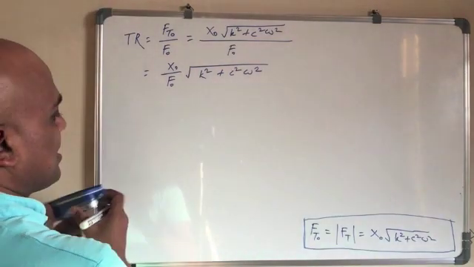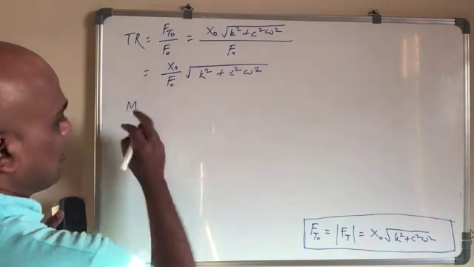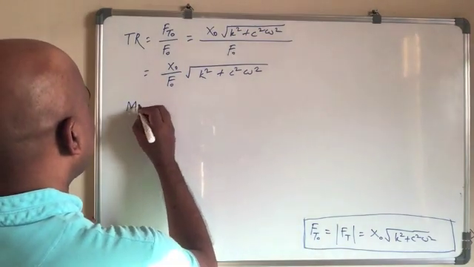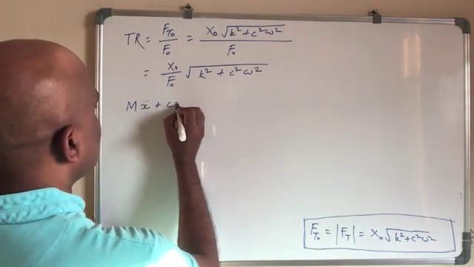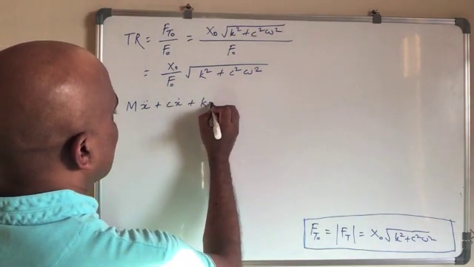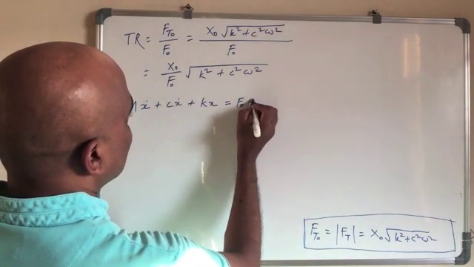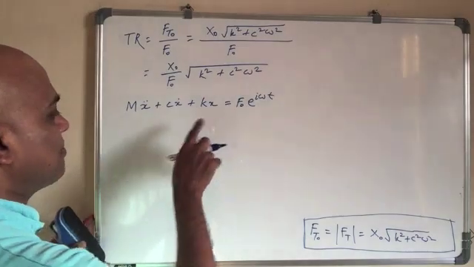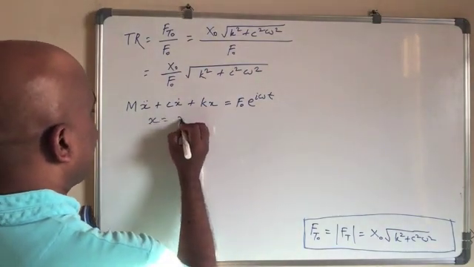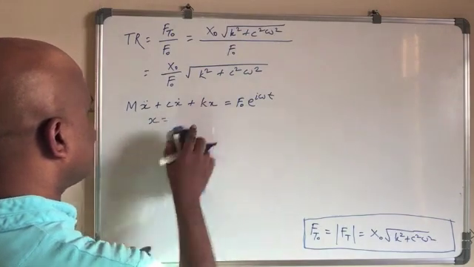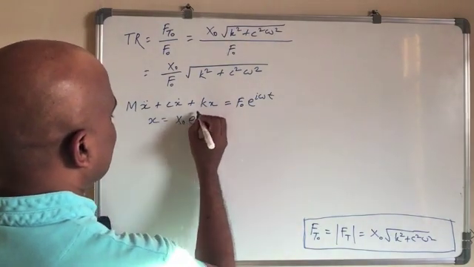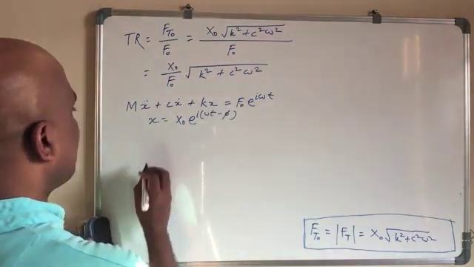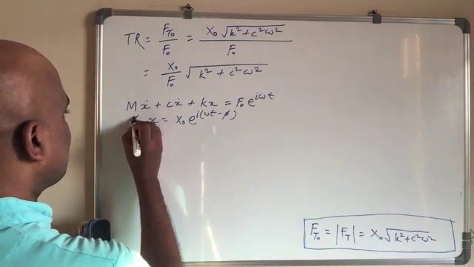We write capital M because that's what we denoted the whole machine: M x double dot plus c x dot plus kx equal to F0 e^(i omega t), and we assumed x equal to capital X0 e^(i(omega t minus phi)). So we put it in here.